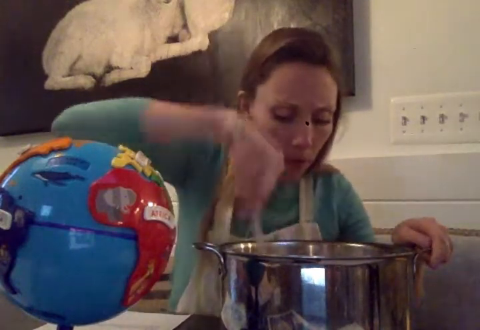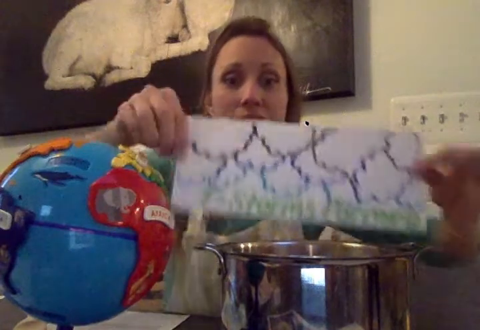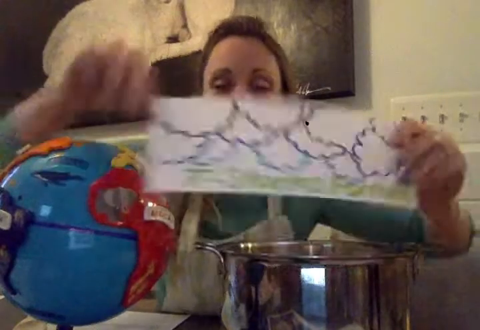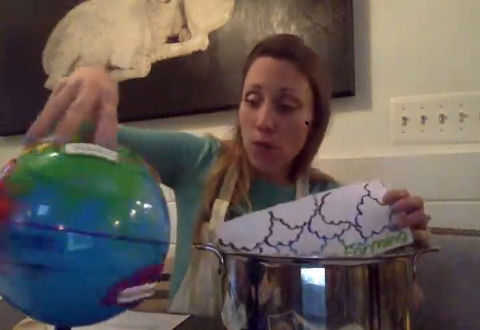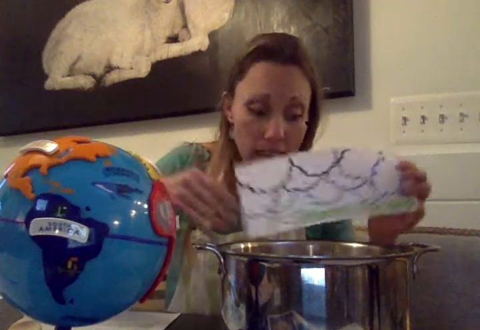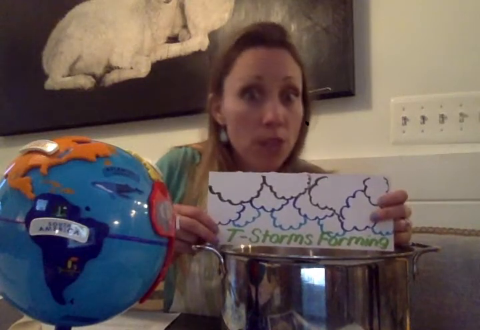Let's see. Ooh. Getting interesting. The next thing we need is for thunderstorms to already be forming in the air above us, in the sky up above us. So if you imagine that we're right over here between Africa and North America, kind of right where this big whale is, if there's already big thunderstorm systems developing, and you have Coriolis, which we always have, and you have that warm ocean water, you're really starting to build the potential for a hurricane.